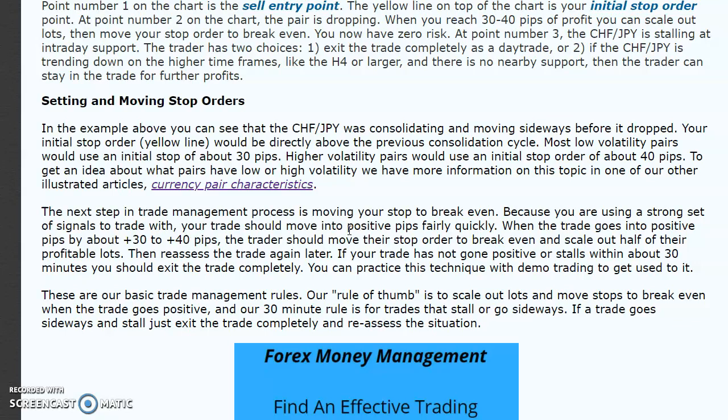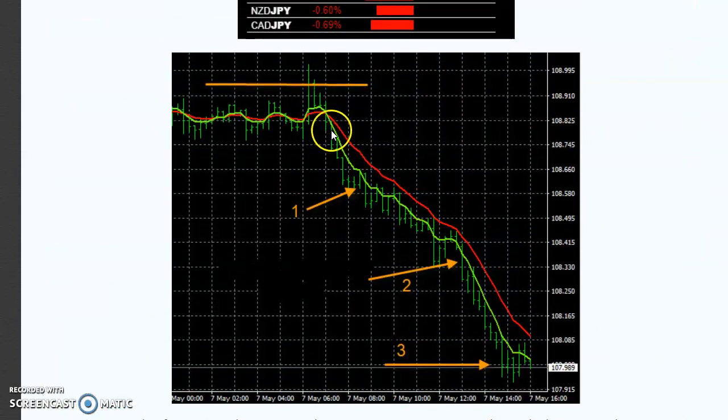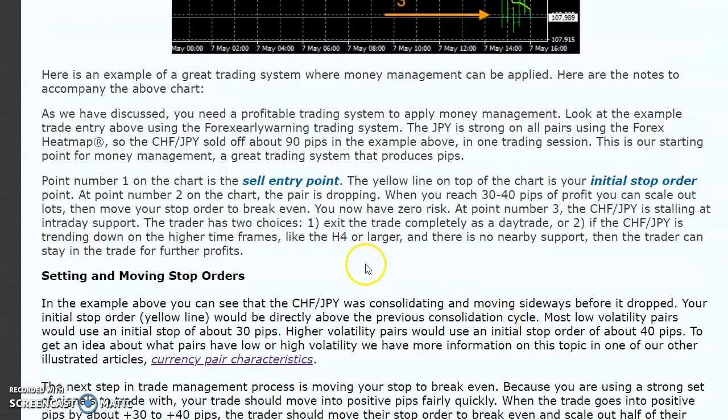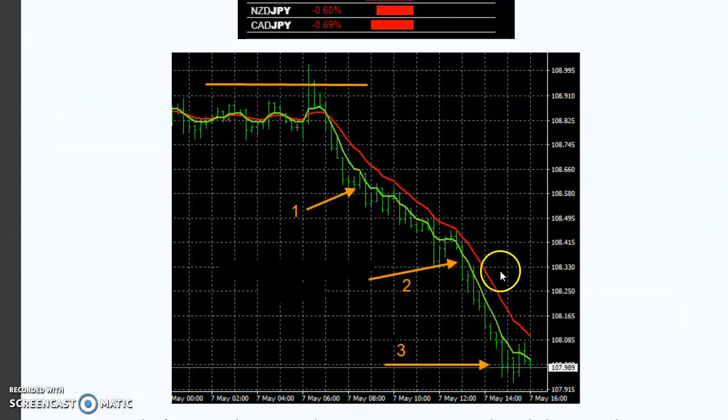If you look at the higher time frames like the H4 and larger, and let's say it's trending down on the H4 or D1, just look for the next big support level and it will probably go down to that level. So instead of scaling out lots twice, you can probably just scale out lots once here, move your stop to break even here, and then hold on to the trade and let it continue trending down on the higher time frame.